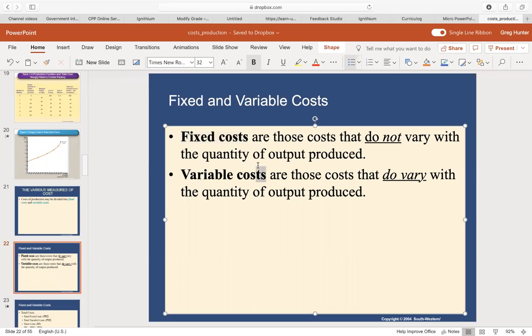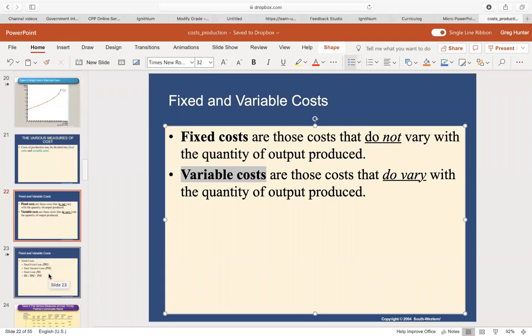But then there are these other costs, the variable costs, that do vary with quantity of output, and those are associated with the variable factors of production, like the amount of material you use. Obviously, in Helen's case, as she makes more cookies, she's going to have to use more flour and more sugar and more workers. Those are all variable costs.